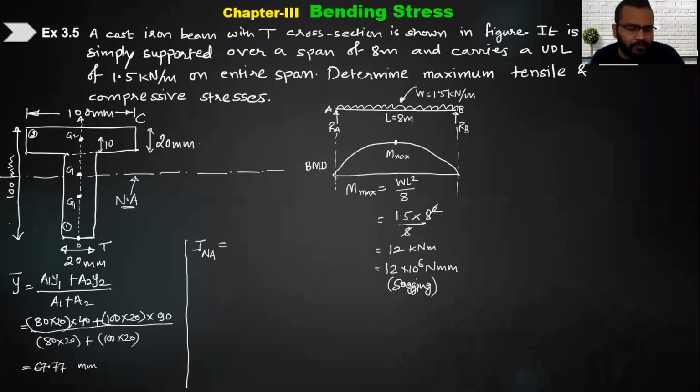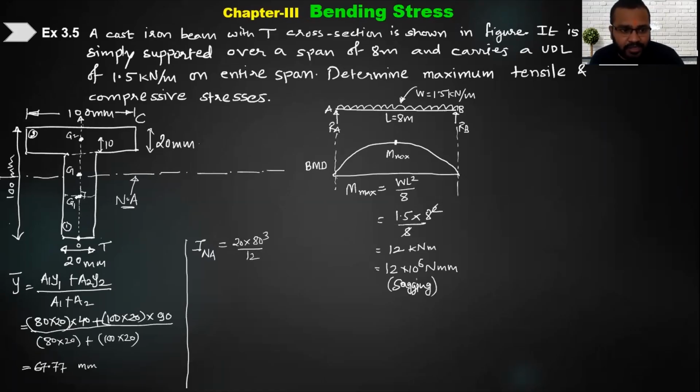Yes, so if you take this first rectangle, what is its dimension? 20 into 80, and its x axis, the centroidal one, is here. That axis is perpendicular to 80, so I will write 20 multiplied by 80 cube by 12. But this won't give me the inertia about the neutral axis.